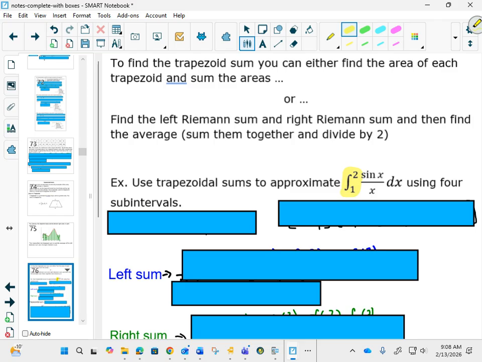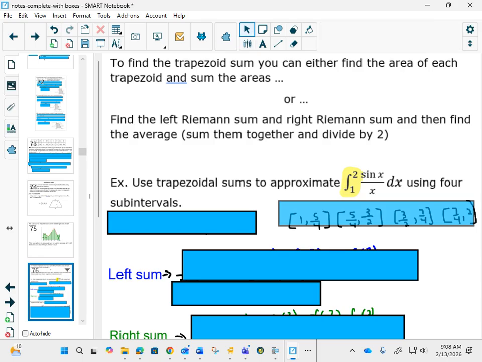Because sometimes it's above, sometimes it's below, but between the curve and the x-axis, but we'll still say under the curve. This is going to find the area under the curve, starting at 1 and going to 2. And we're going to use 4 subintervals.